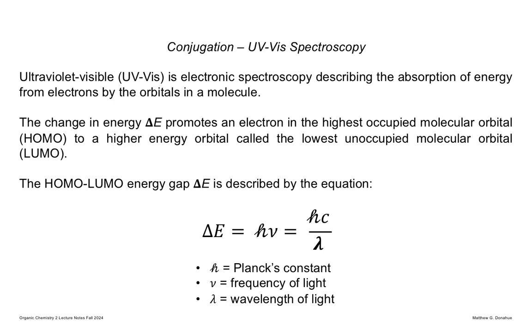UV-vis spectroscopy is electronic spectroscopy. I'll explain what that means, electronic: describing the absorption of energy from electrons by orbitals in a molecule. That's why we looked at those p orbitals for an alkene and a diene, and we'll see higher order ones now.